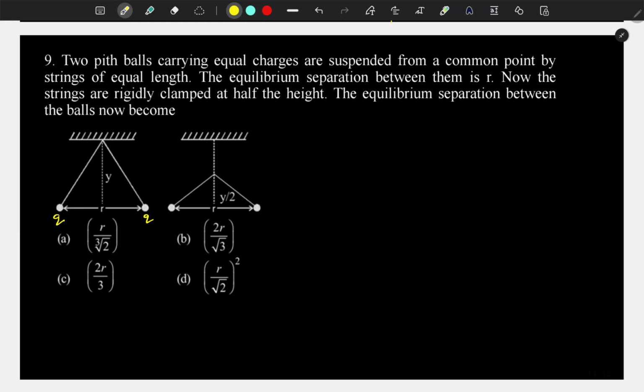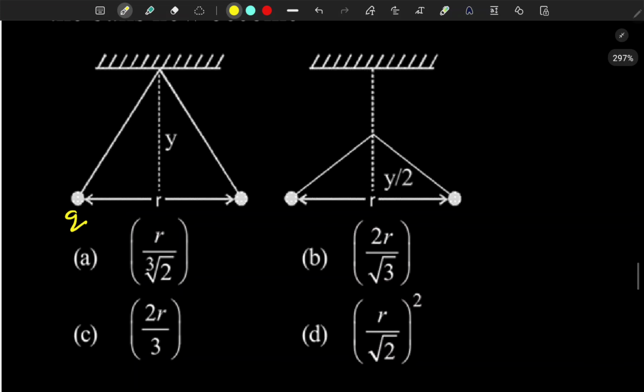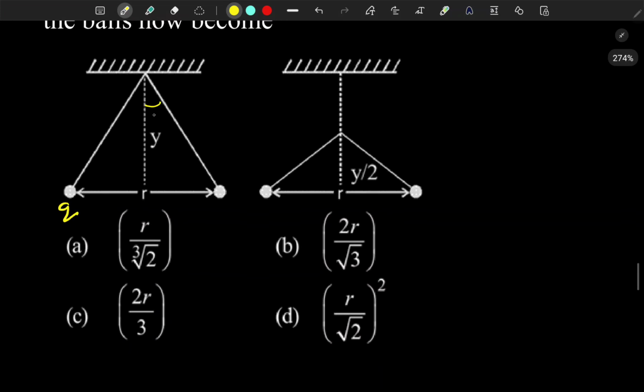So there are three different forces acting on them. I will write them later. Now if these two strings are clamped at this particular height, that is equal to y by 2, even this will be y by 2, then what will be this r value, or I can consider it as r dash also. So let us consider here this angle is theta.